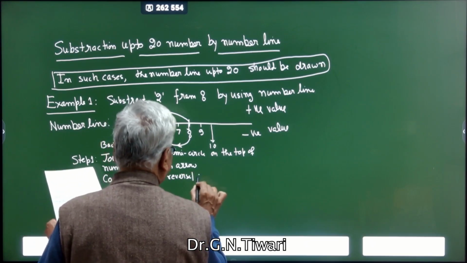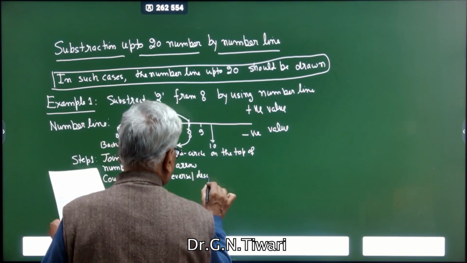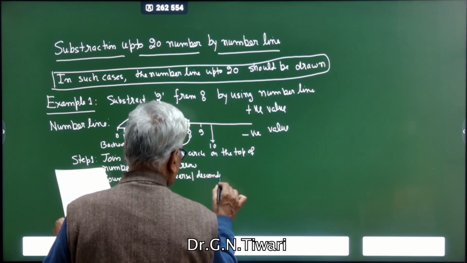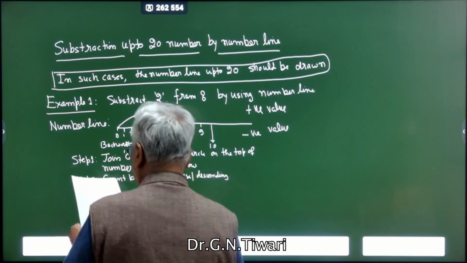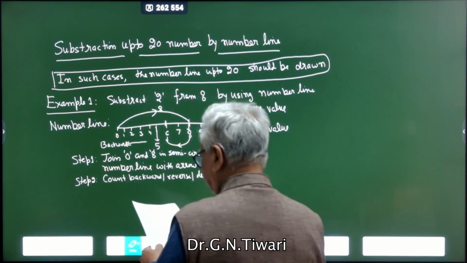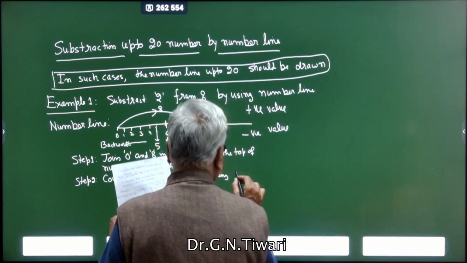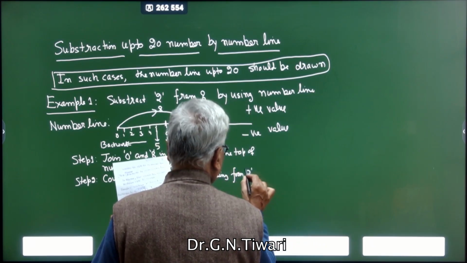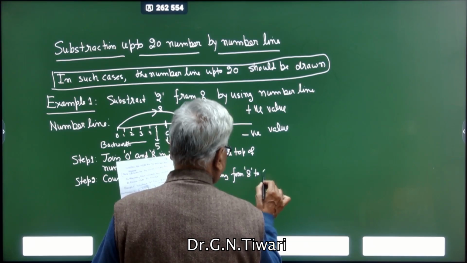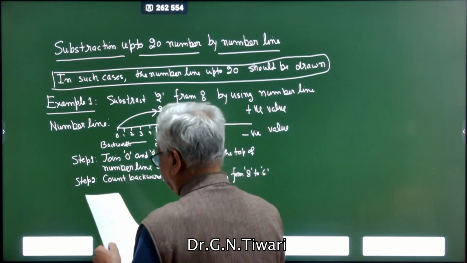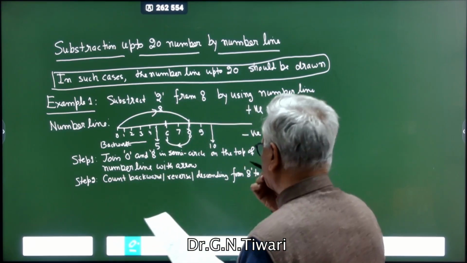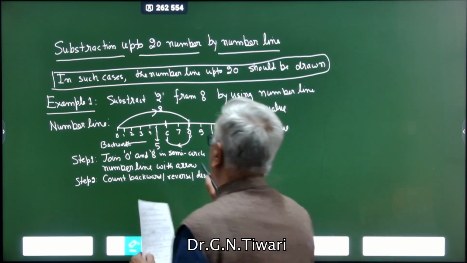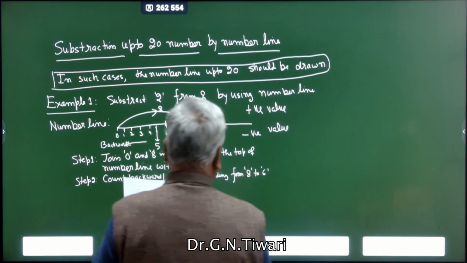It is also called descending, from 8 to 6. Two is done, 1, 2. So from 8 to 6.